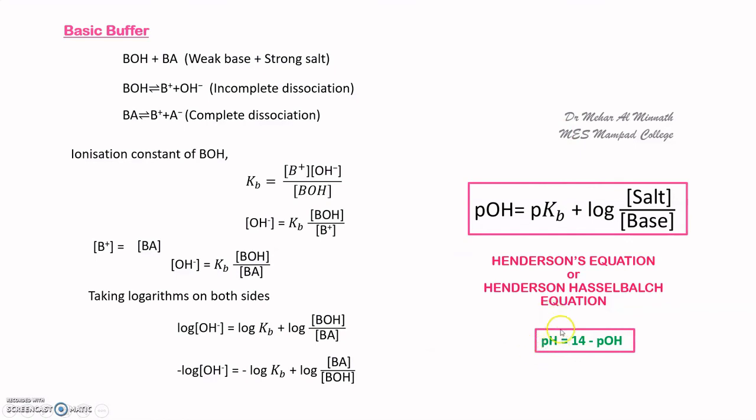Or if we know the pH of the basic buffer, we can calculate how much amount of salt or base is required. Now, using these two equations, we can prepare buffer solutions of our required pH.